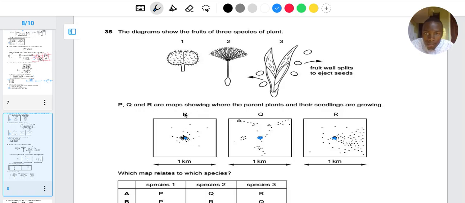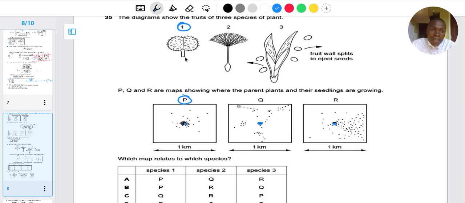For P, it has to be this one here, number 1, because it is not showing the most suitable way of dispersing far apart from the parent. It's closer to the parent because it just has these hooks, and once it is dispersed by animals, that is when it can reach the surrounding areas. So P, that is 1.